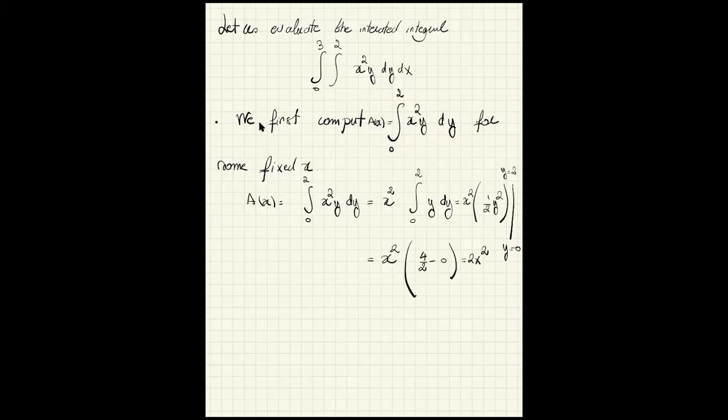So this is 0, 2, and here we have 1 over 2, which is equal to 3 over 2 x squared, right?